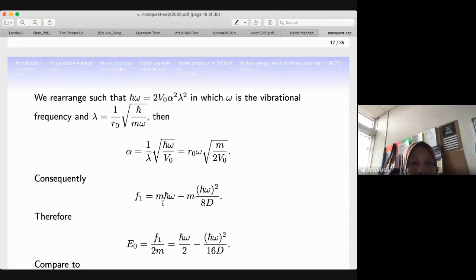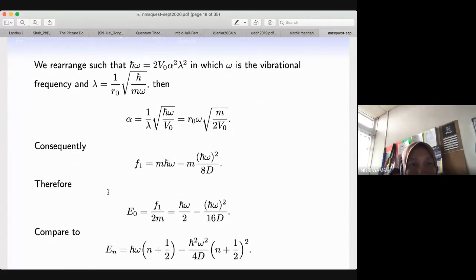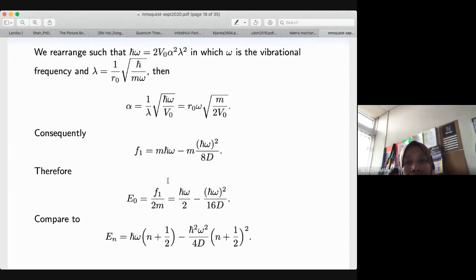Note that you are looking at the least energy here, the least Hamiltonian, so it will be your ground state, E naught. Your E naught is expressible as F1 over 2m. Because of this 2m you postulated earlier, you just divide by 2. So then you have h bar omega over 2 minus h bar omega squared over 16d.